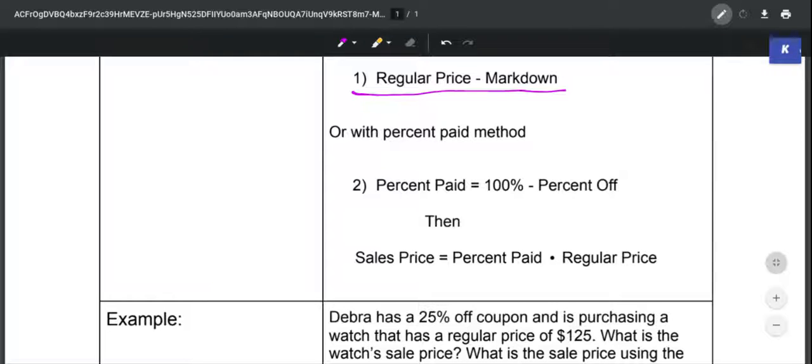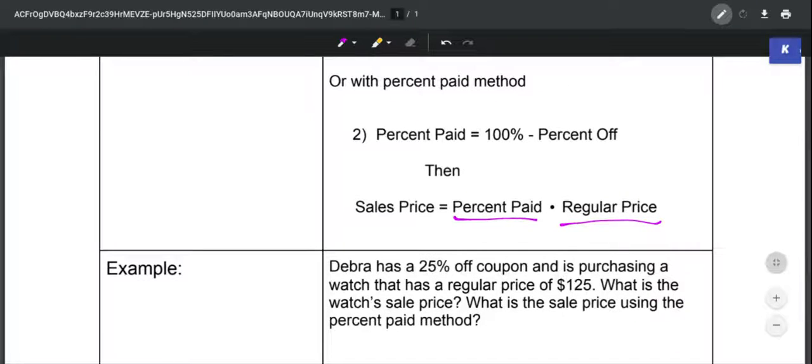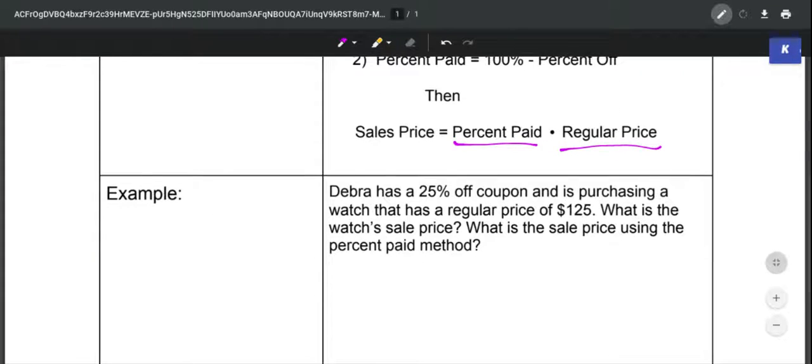So you would take the percentage that you're going to pay, multiply that by the regular price, and that'll give you the sales price as well. We're going to look at both ways, and you're going to have to do both ways, and you should always get the same answer.